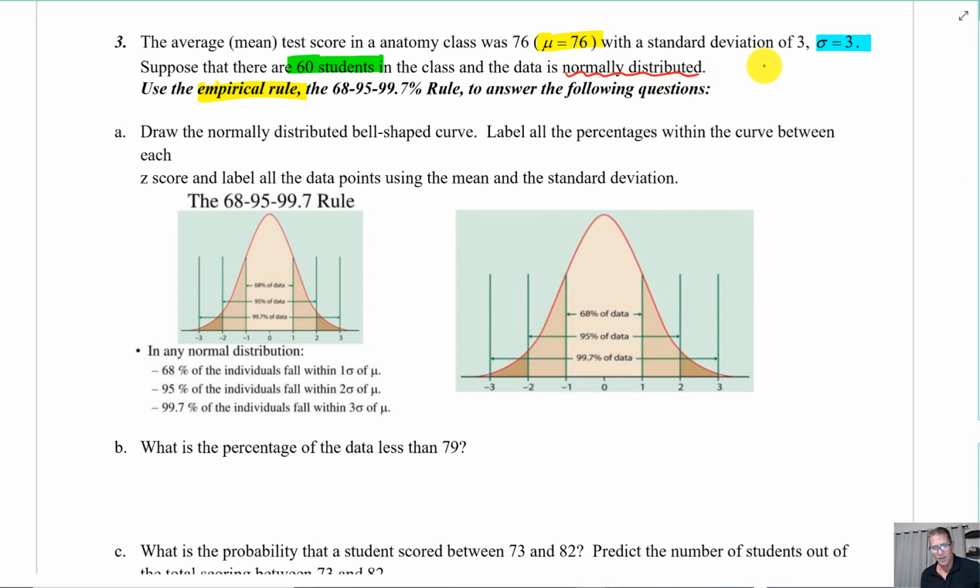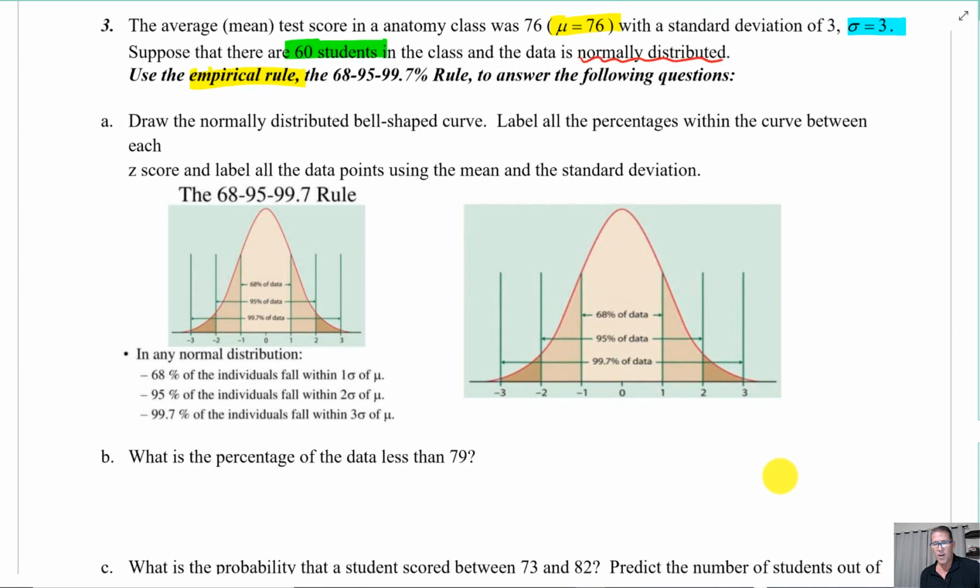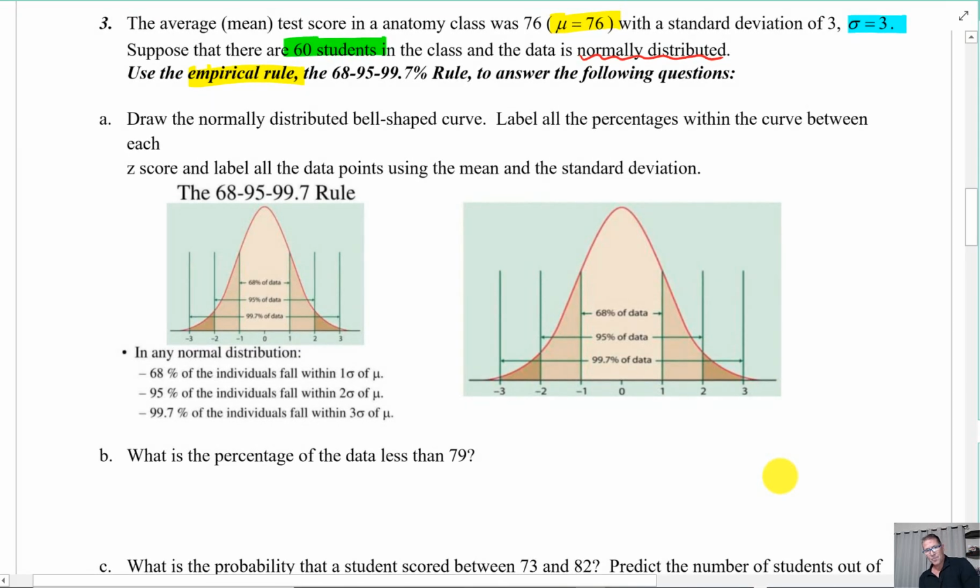So one of the important things in this problem here, rather than using the z-table, is that 68% of the data lies between the standard deviation of -1 to 1. Okay, within 2 standard deviations, 95% of the data exists. Okay, and then between -3 and 3, or within 3 standard deviations, 99.7% of that data exists.